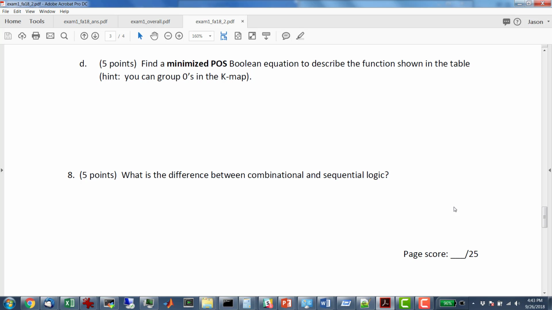Yeah, combinational is a function of the current inputs. Sequential is a function of the inputs and the history of inputs. Or you could have said sequential has memory and combinational doesn't. That's an easier way to say it. Still got points taken off. What's that? I said the same thing and I still got points. Okay. See me after class, then we'll get that fixed. Yeah, that's basically it.